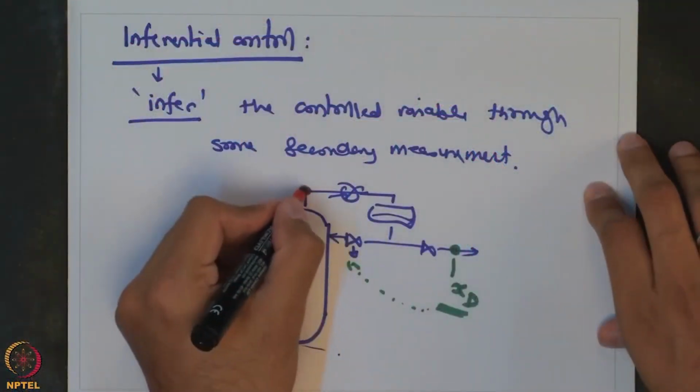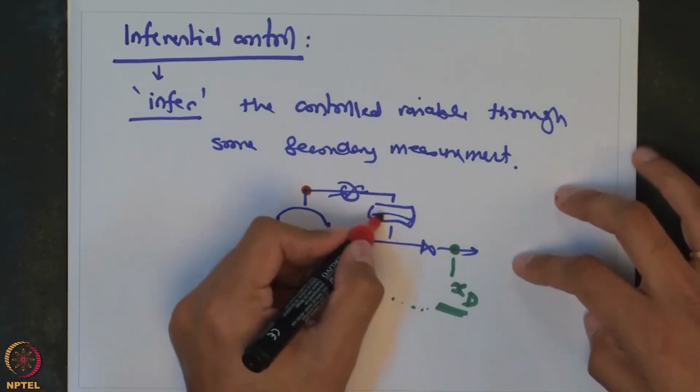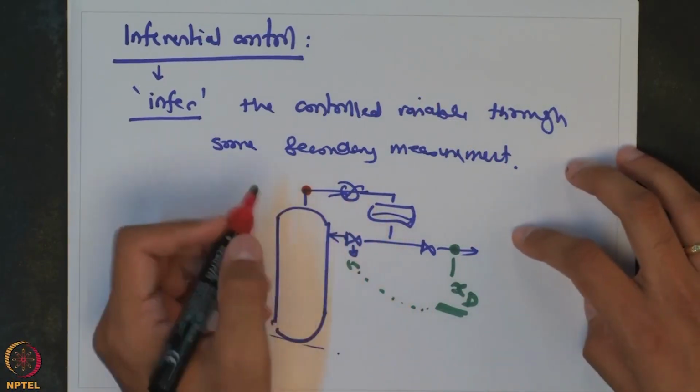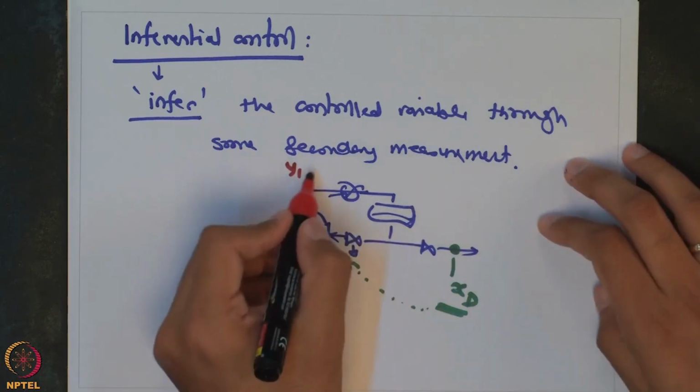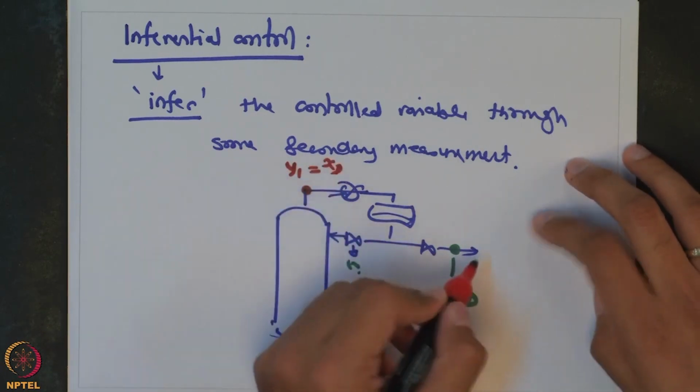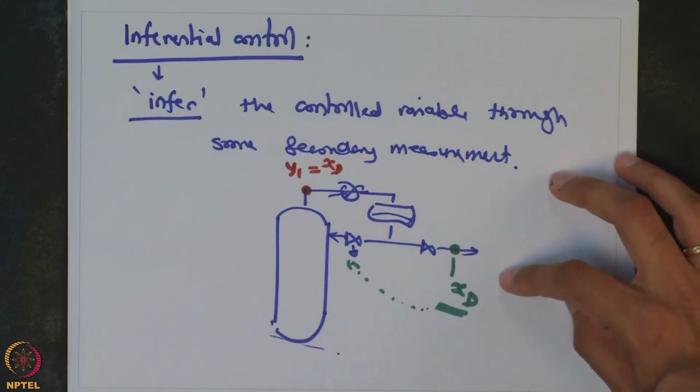So rather than measuring this composition, we can make use of some fundamentals of thermodynamics. If the condenser is a complete condenser, whatever was the composition in the vapor phase at the top of the column, the same will be the composition at the distillate.